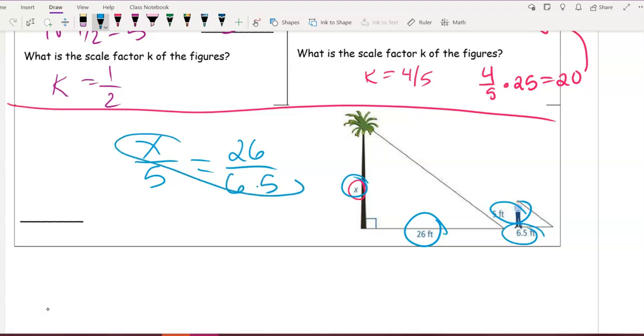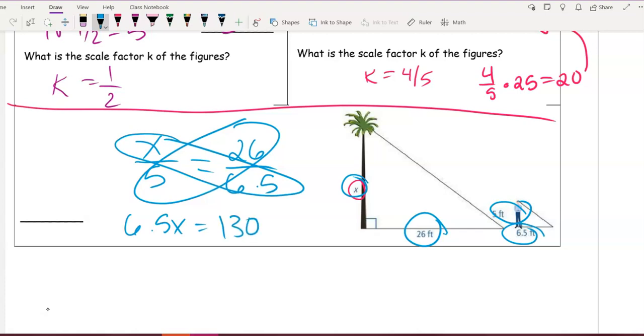We will cross multiply. 6.5x equals 26 times 5, which is 130. Now we divide by 6.5, and x equals 20. So this tree is 20 feet tall.